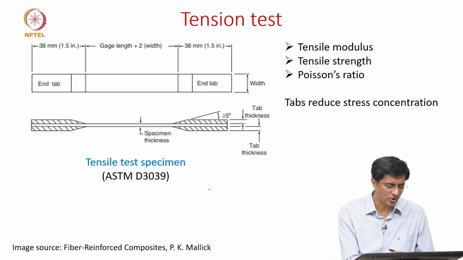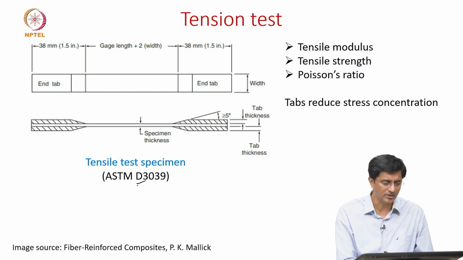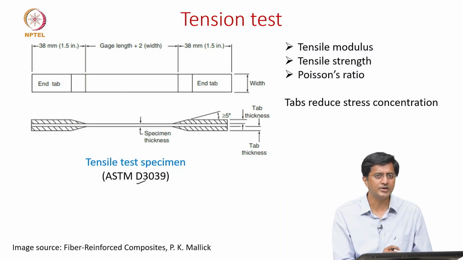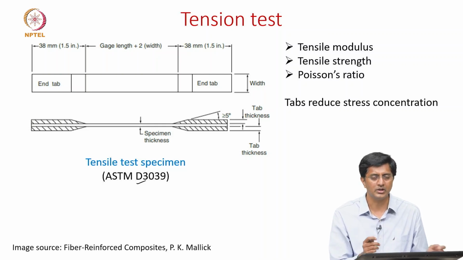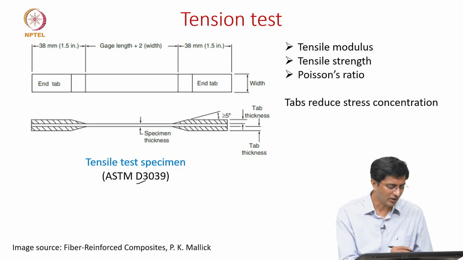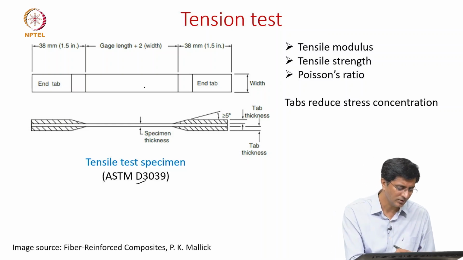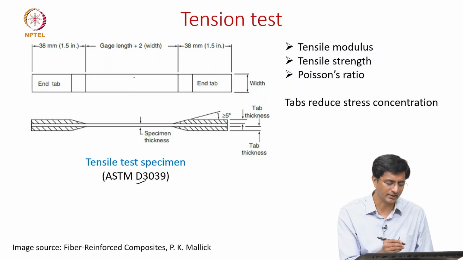So here is the geometry of the specimen, and this is according to ASTM standards. In addition to this standard, there are several other standards one can follow to test the tensile properties of a composite laminate. Here we have a rectangular specimen where the cross section again is a rectangle.